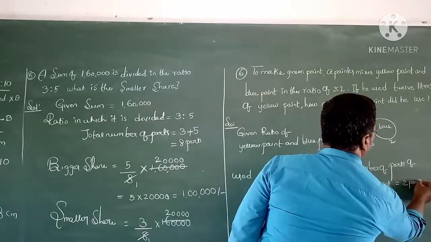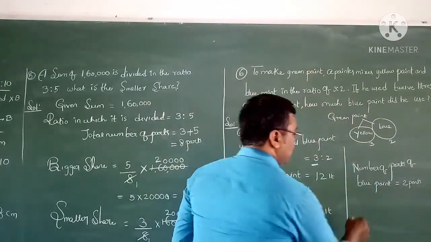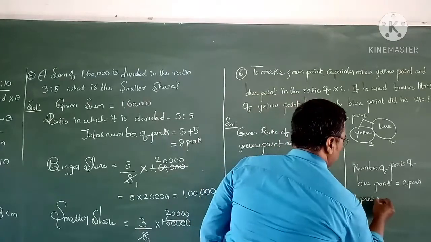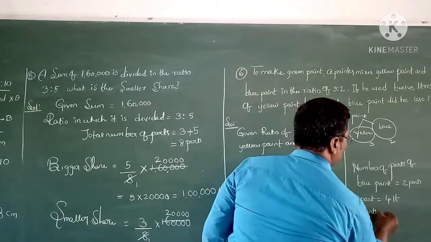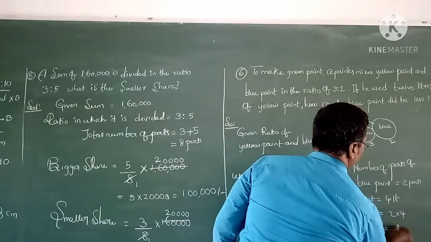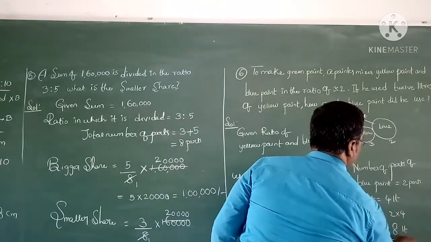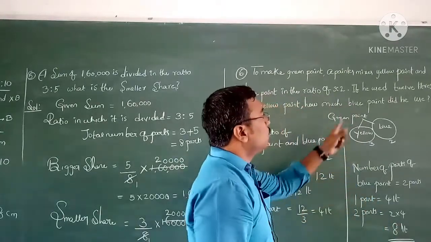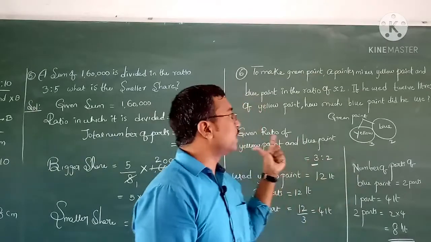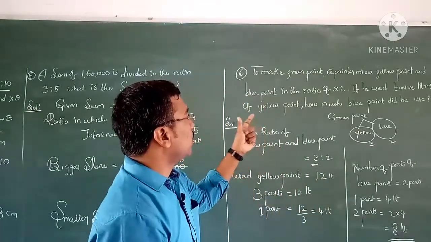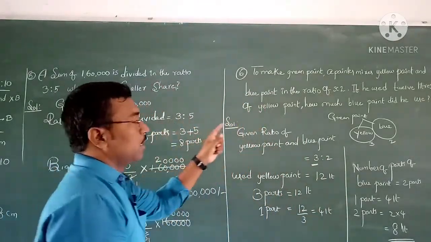So 1 part is equal to 4 liters. So 2 parts is equal to 2 into 4, 8 liters. So 8 liters of blue paint is required. Okay. So in this way we can do these problems of ratio and applications in exercise 1.